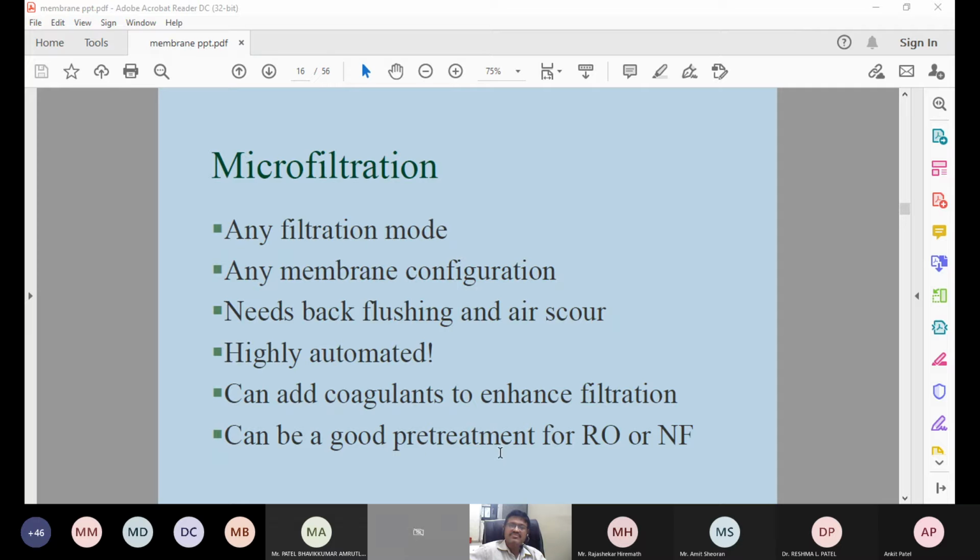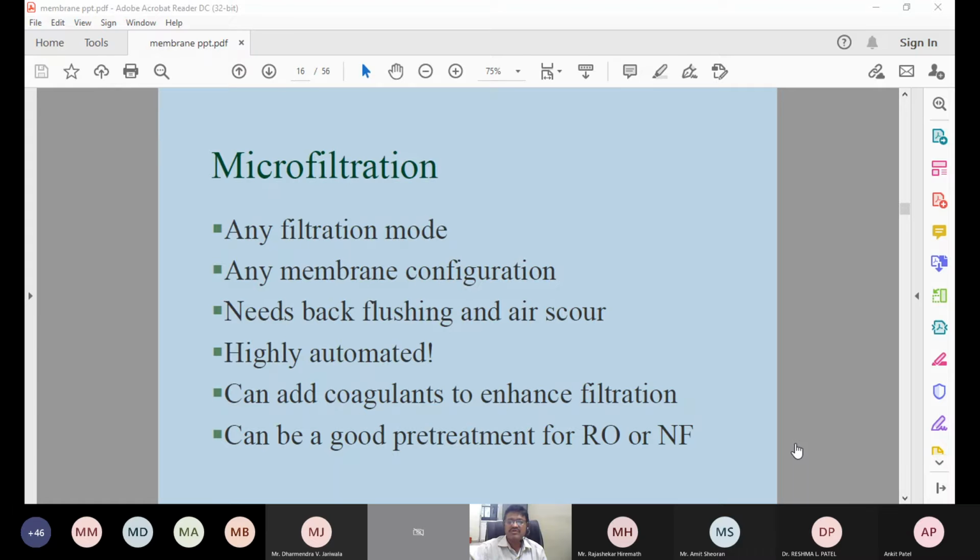Why do we give pre-treatment with microfiltration first, and then the water goes into the reverse osmosis membrane? Sir, I think to remove the solids.